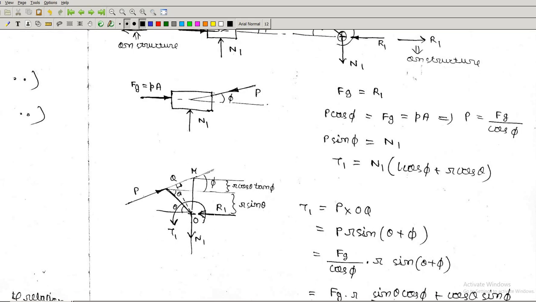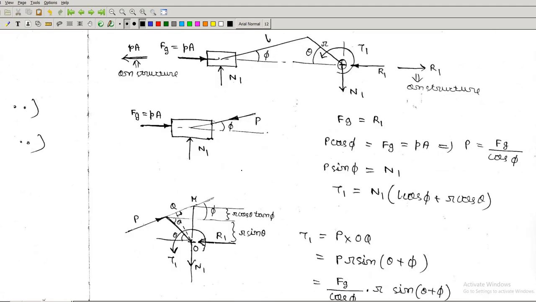So these are the forces acting on the crankshaft. The torque about O is T1, which is equal to P into this perpendicular distance OQ. OQ can be shown to be, because this angle is phi, this angle is also phi, and this angle is theta.